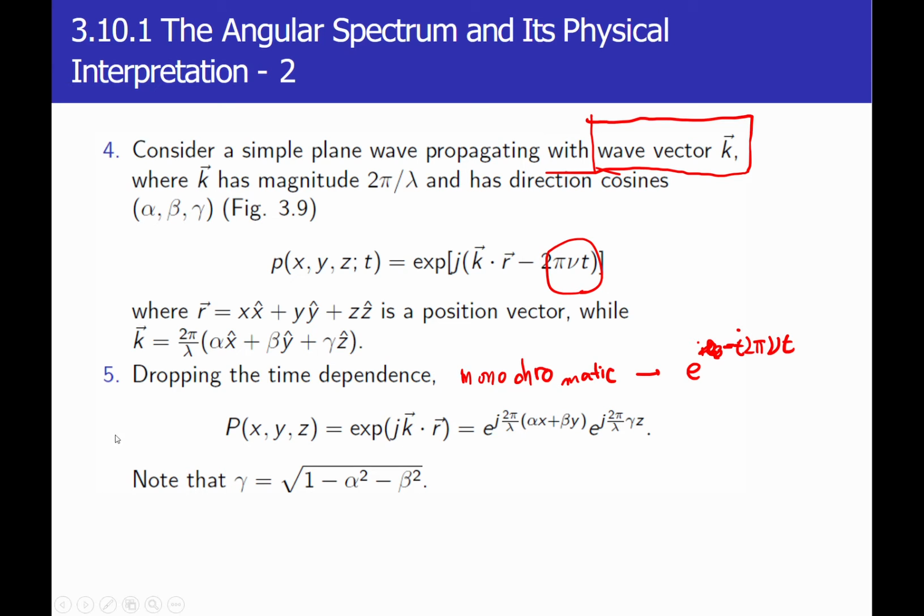And then we come up with a spatial component, which is given by this one. And because of the directional cosines, and because this is the unit vector given by this magnitude, we should satisfy this condition: gamma should be the square root of 1 minus alpha squared minus beta squared. Or you can say simply that alpha squared plus beta squared plus gamma squared should be 1, because this is the magnitude and this should be a unit vector.